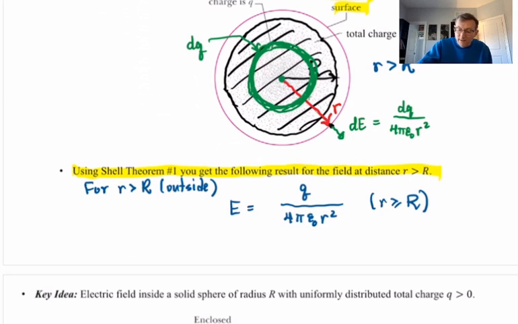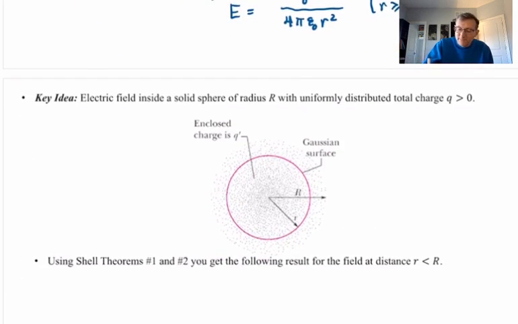All right, now, a little bit more challenging, because we want to know this too. Next thing, next key idea. Find the magnitude of the electric field inside the solid sphere, inside the solid sphere of radius big R with uniformly distributed total charge Q. Inside.